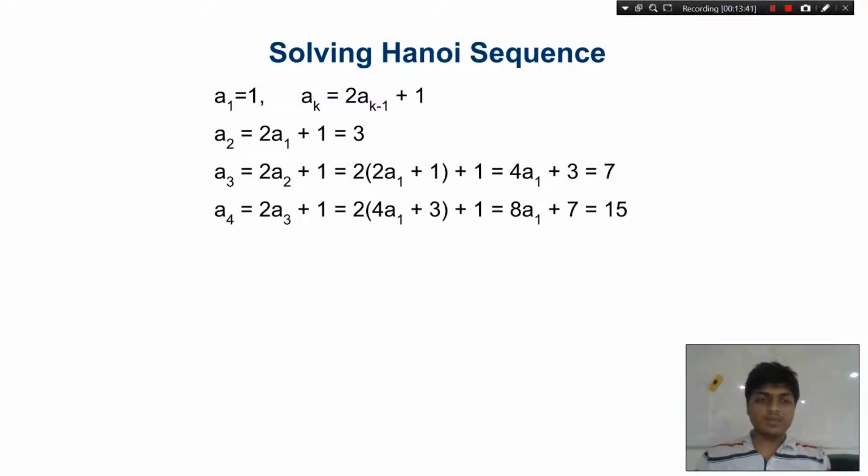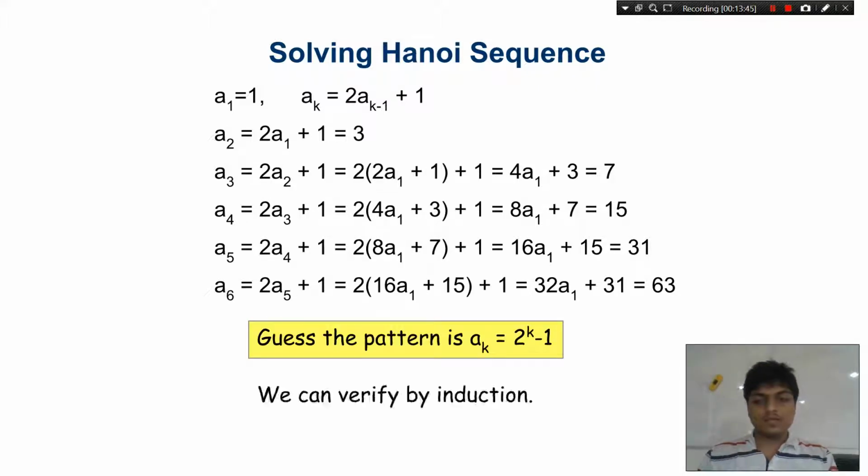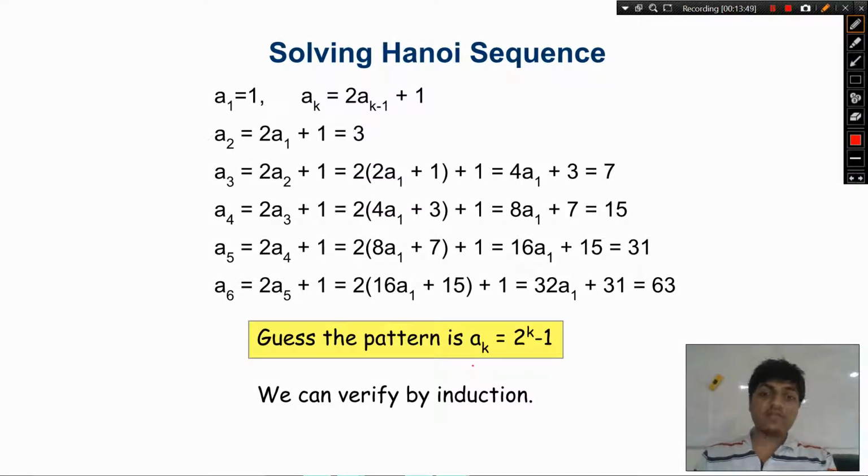Okay. So how would you come up with this guess, ak equal to 2 to the k minus 1? So you can kind of see that every step we are multiplying the previous value by 2 and then adding 1. So at the kth step we'll have multiplied by 2 k times.